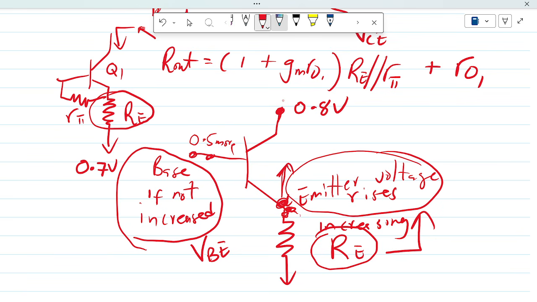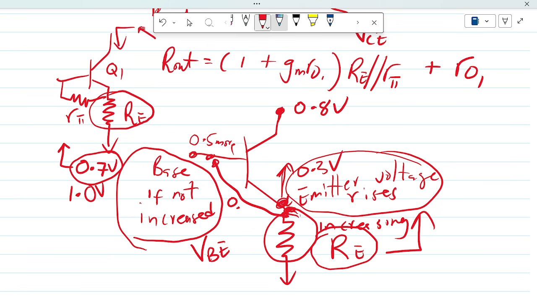Let's say I increase the value of the resistance, so the emitter voltage rises to, let's say, 0.3 volts, which means the base voltage should be raised to at least 1.0 to have the base emitter voltage still be 0.7.